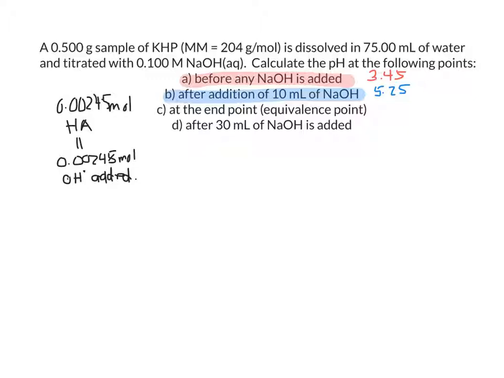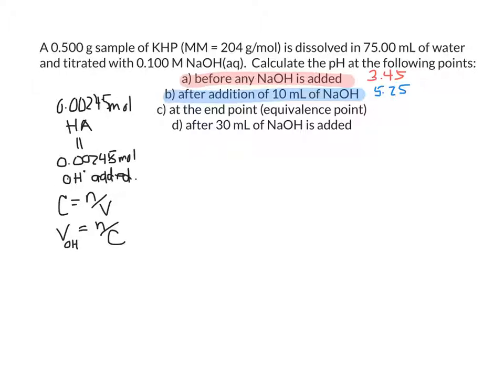So what volume does that correspond to? Well, we know that concentration is number of moles per unit volume, and so the volume of OH minus added at that point will be equal to the number of moles divided by the concentration.